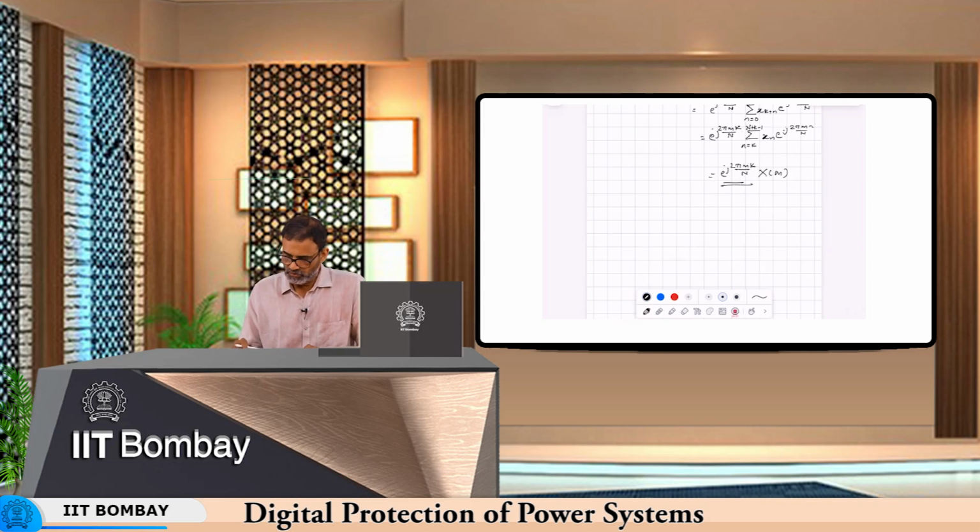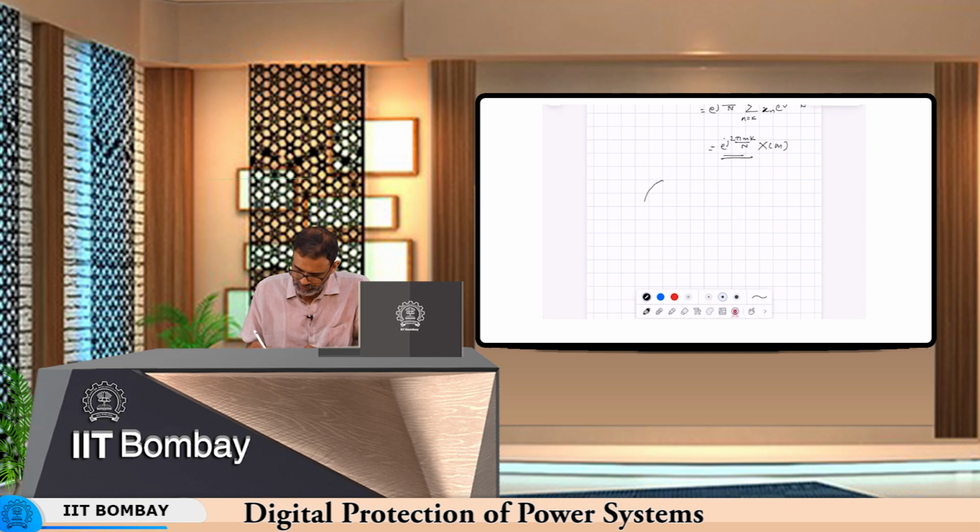Okay. So, there is a proof in the book by Lathi, B. P. Lathi. The explanation is quite simple and elegant. So, that is also known as the circular shift property of the DFT.